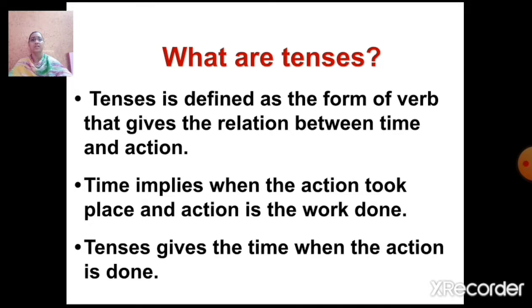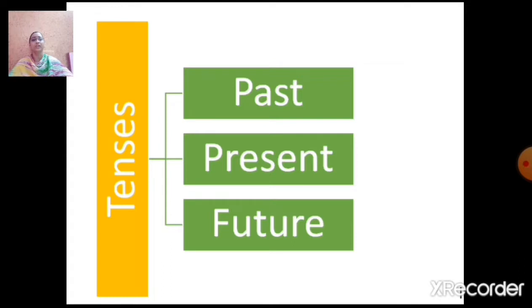Now students, we all know tenses are categorized into three categories. That is past tense, present tense and future tense. We all must have learned all this earlier, right? Now, what is past tense, present tense and future tense? Present tense is when a verb ordinarily shows an action or event in the present time.